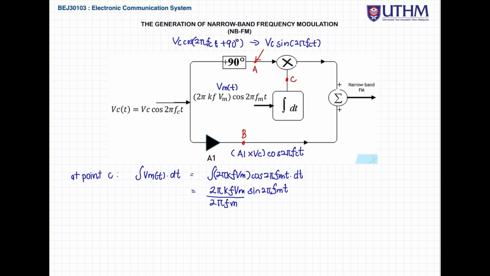We can simplify this equation as Kf/fm Vm sin 2π fm t at point C.